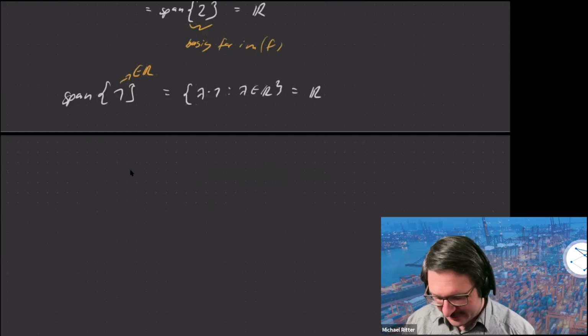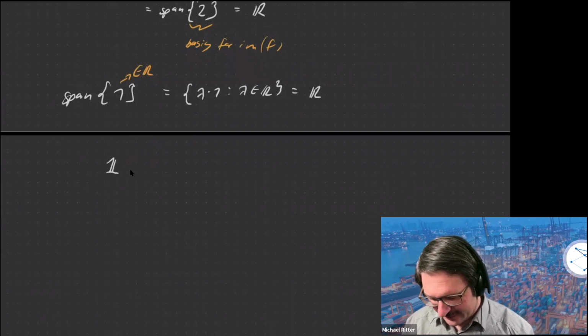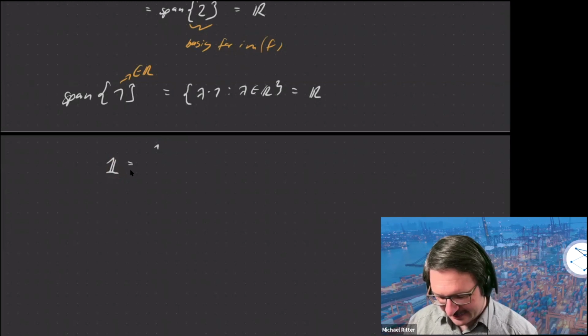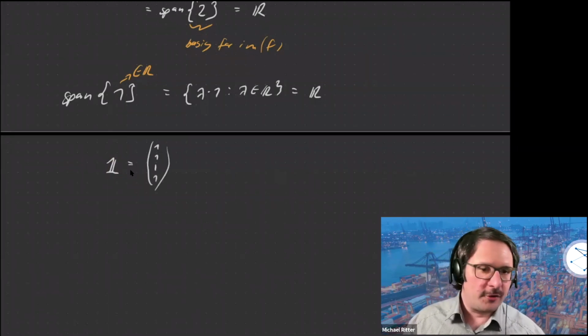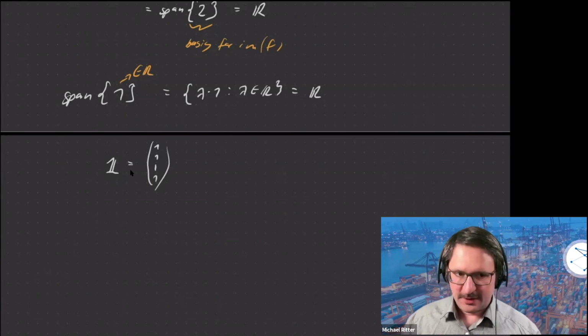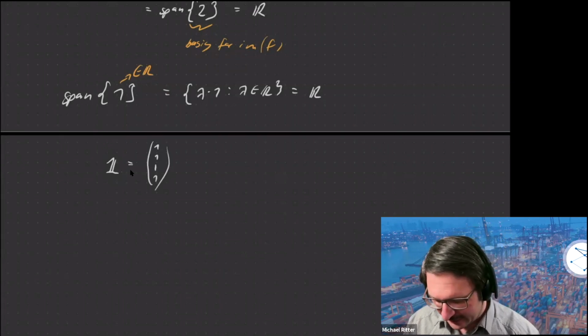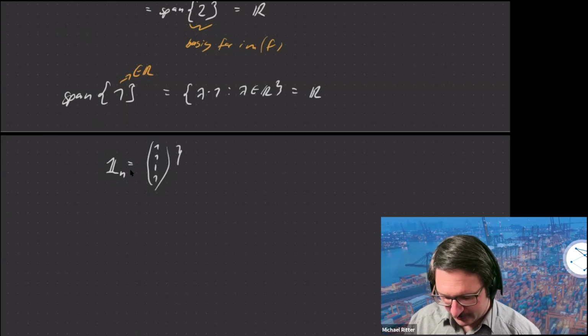In contrast to that, I've also used this vector here. Notice we have this double stroke here, like with set notations. What I mean by that is the vector that consists of all 1 entries of appropriate dimension. And if the dimension is not clear, then I'll write an index here, like 1n.